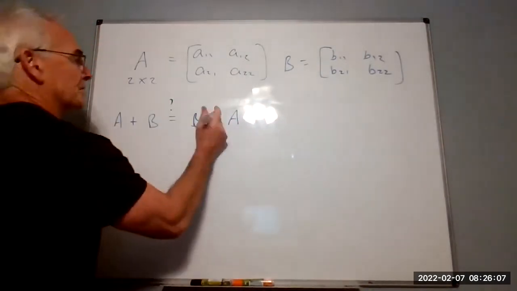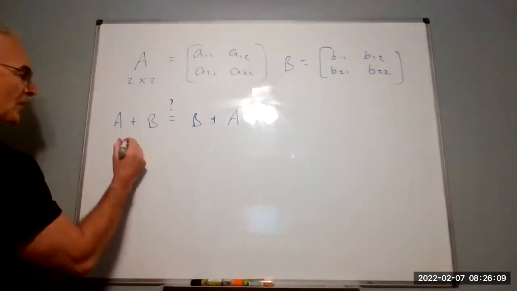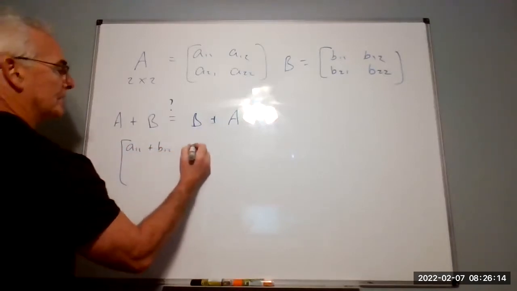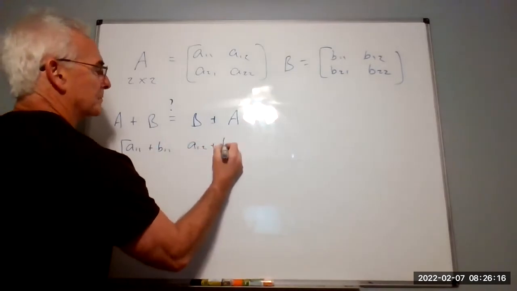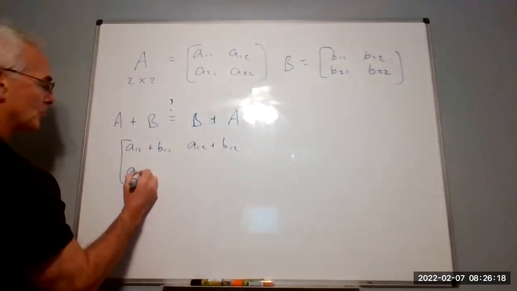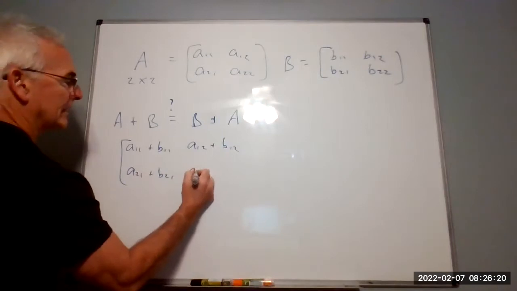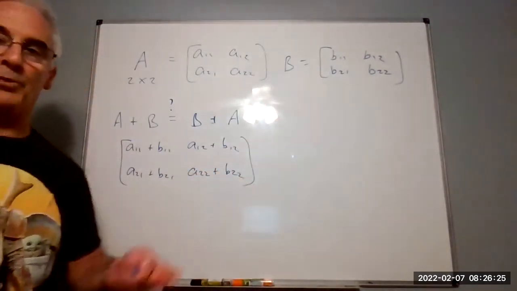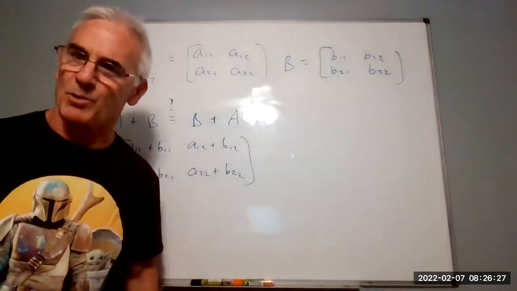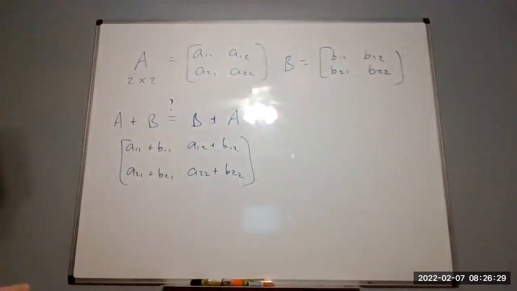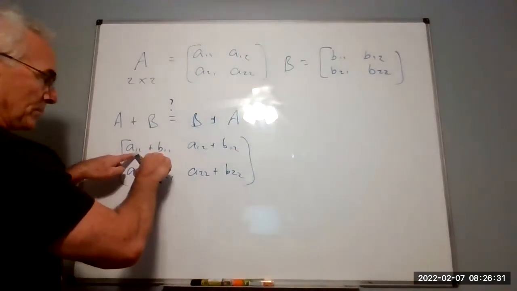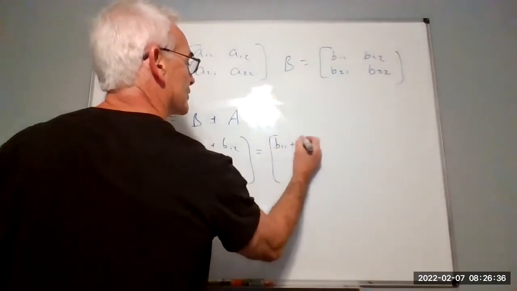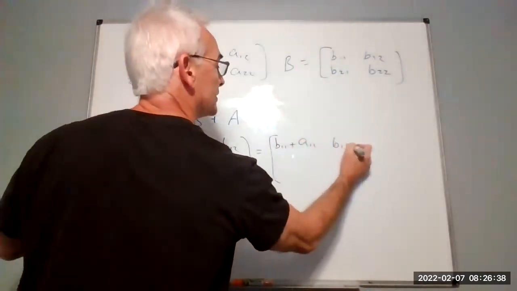Since this I know was A11 plus B11, A12 plus B12, A21 plus B21, A22 plus B22. By the way, the conclusions I'm making will be true for all sizes. I'm just using really small matrices to save all the writing. These are real numbers, and I know that real number addition is in fact commutative.